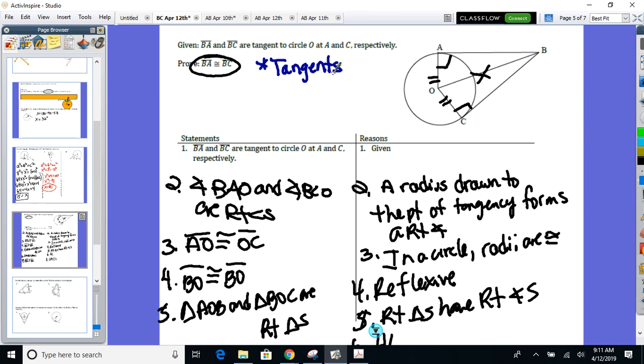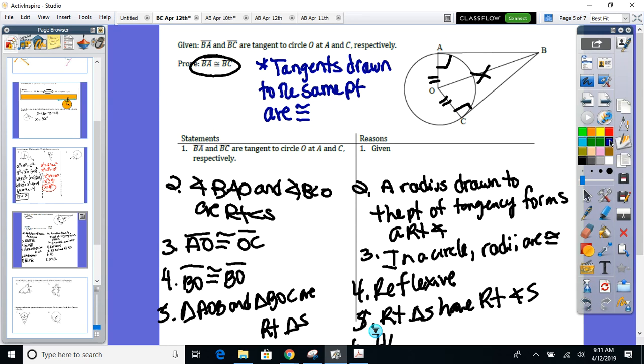Notice they're both drawn to the same point. Tangents drawn to the same point, what did you just find out? They are equal, congruent.